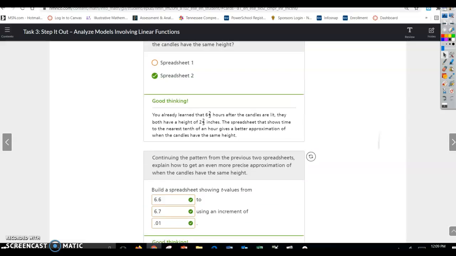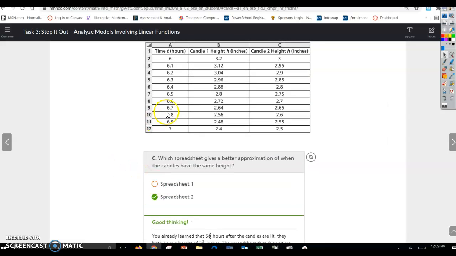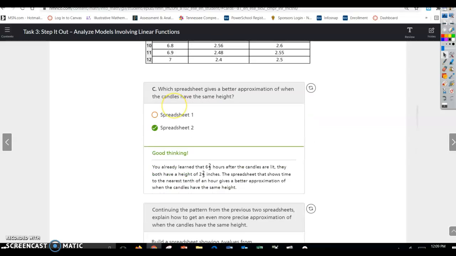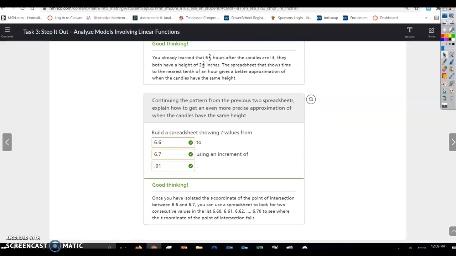I don't know why I said 0.05. You see how these went by increments of 1. So if you break it down to 6.6 to 6.7 and go by increments of 0.01, it moves it one more decimal place, and that breaks it down and gets an even more precise, or closer, approximation.